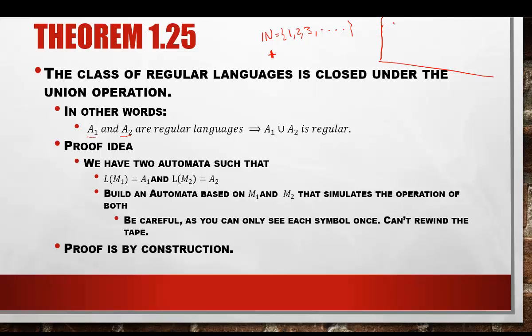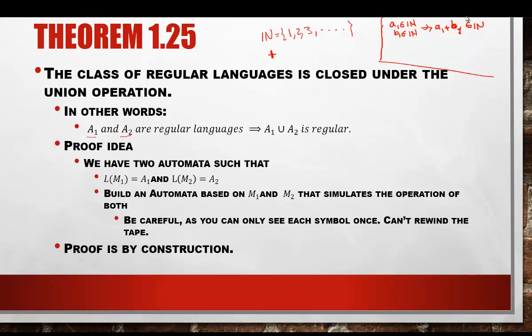Let's talk about this analogy in arithmetic. If you have two numbers, A sub 1 belonging to the natural numbers, and B sub 1 belonging to the natural numbers, the closure of the plus operation states that A sub 1 plus B sub 1 belongs to the natural numbers, which is perfectly fine. It's not even difficult to see, although as intuitive as it sounds, it may be a little difficult to prove.